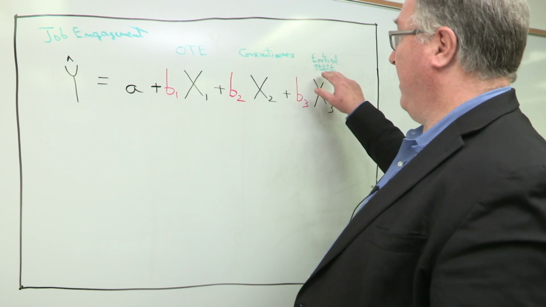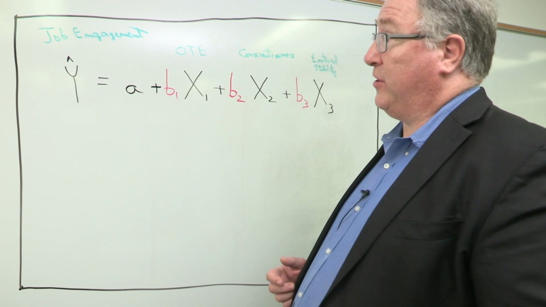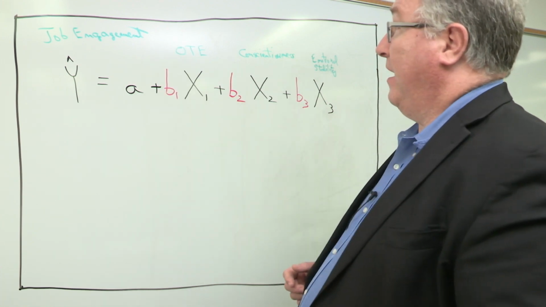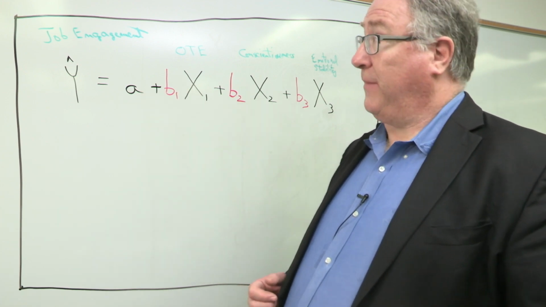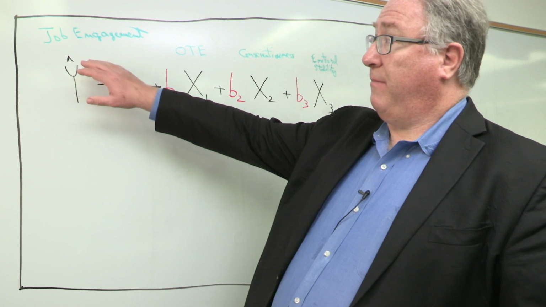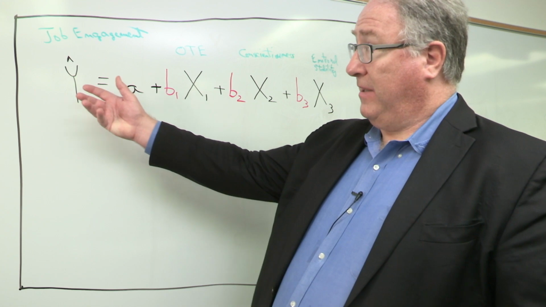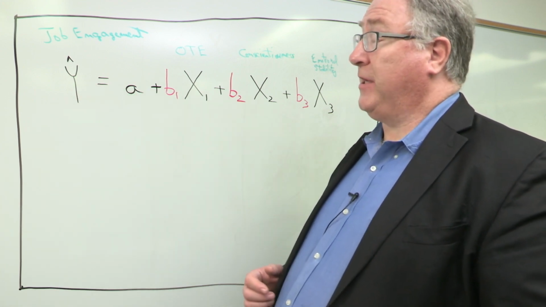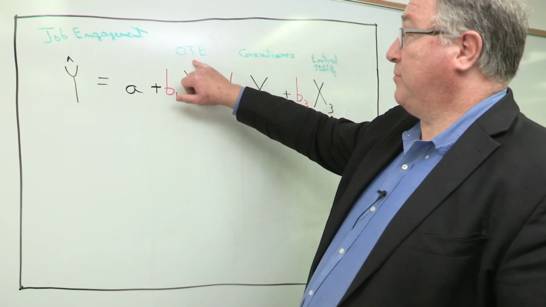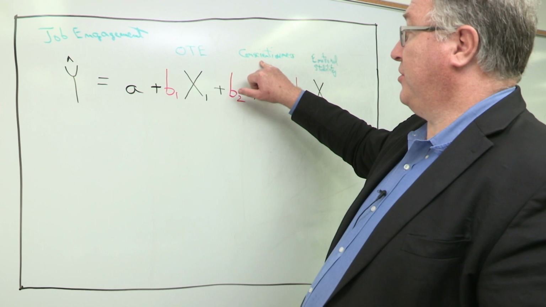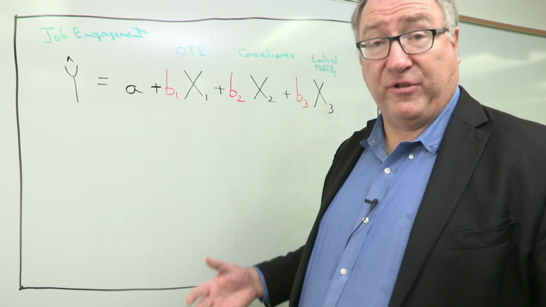And so that's a pretty basic predictive variable for explaining many phenomena, in this case, doing its part in explaining job engagement. Okay, so what we're seeking to do here for each of the participants in our sample is predict what their job engagement score is going to be on this outcome variable measure in terms of the participants' scores on the openness to experience, conscientiousness, and emotional stability subscales of this personality measure.